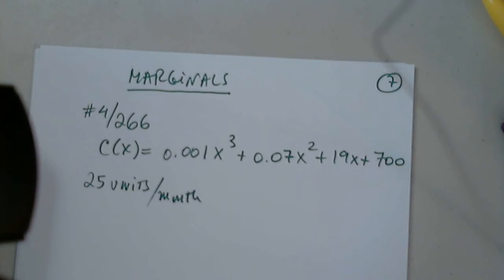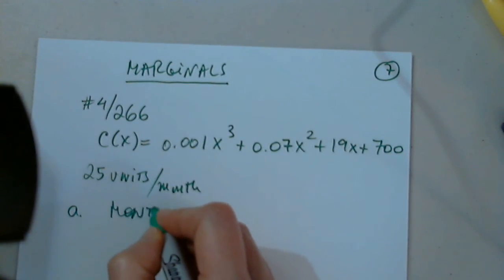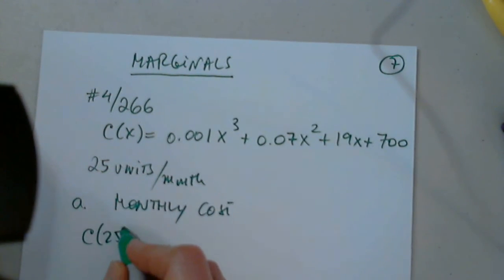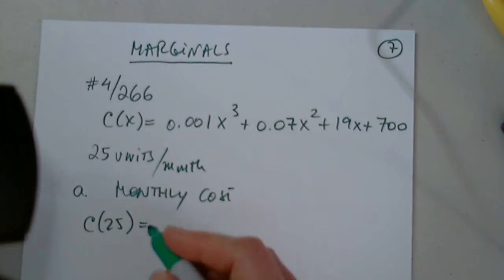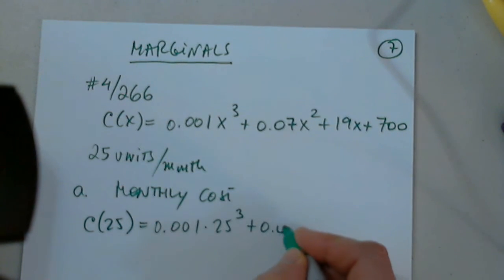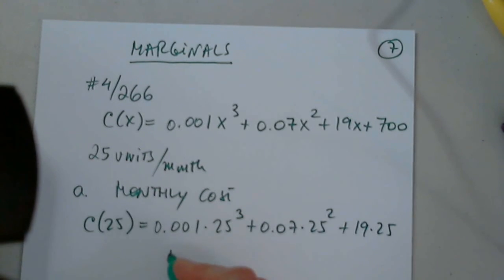What is the current monthly cost? That's our first question. Monthly cost. Okay. C of 25. 0.001 times 25 to the third plus 0.07 times 25 squared plus 19 times 25 plus 700.